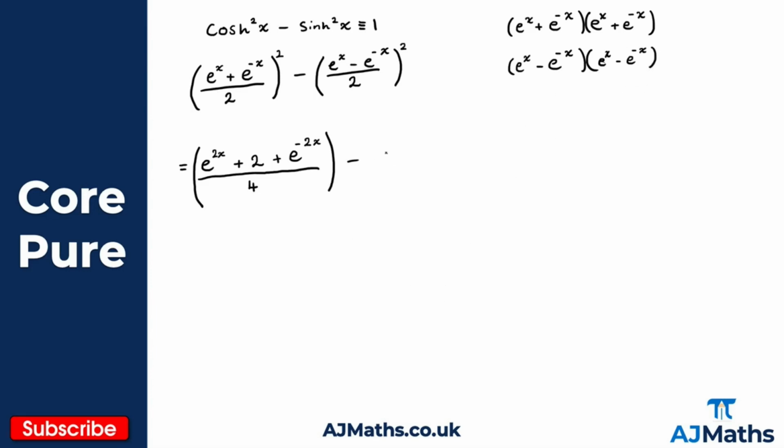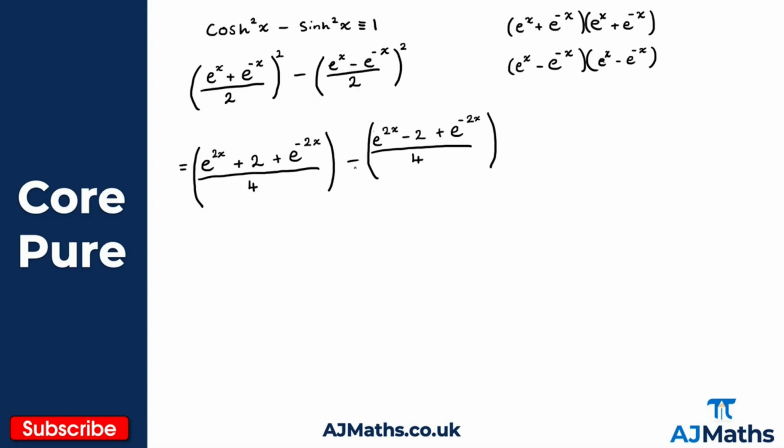Expanding this, I get e to the 2x again. Rather than positive 2 this time, we get minus 2, and then again we get plus e to the minus 2x. This is all over 2 squared, which is 4. I'll put this in a bracket to show that it corresponds to my second bracket squared.